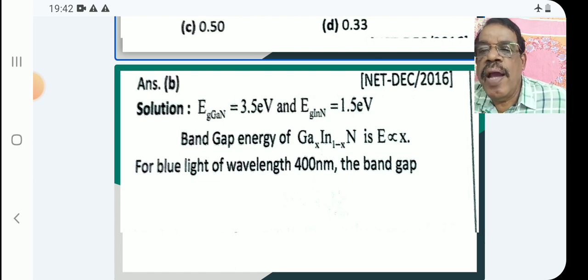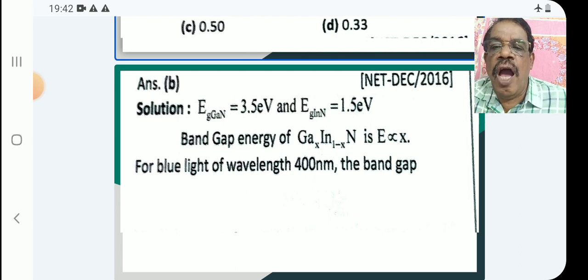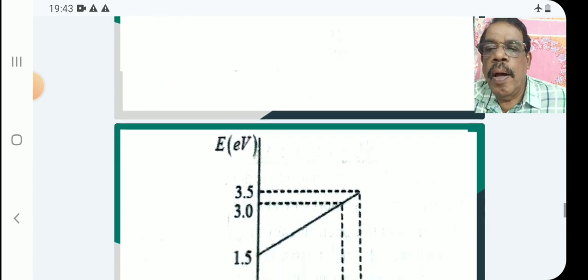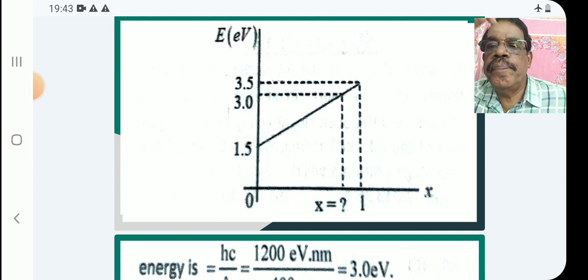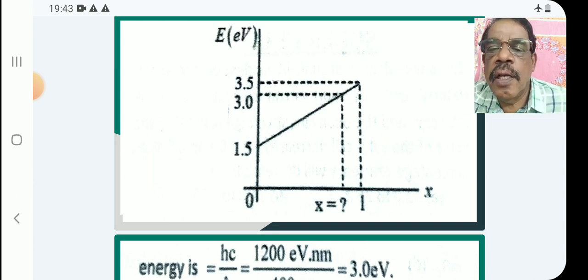For blue light of wavelength 400 nanometer, the band gaps are represented here. The energies 3.5 and 1.5 are represented, and on the x-axis there are 0 and 1 marked.